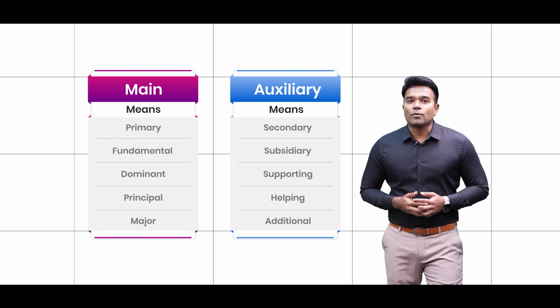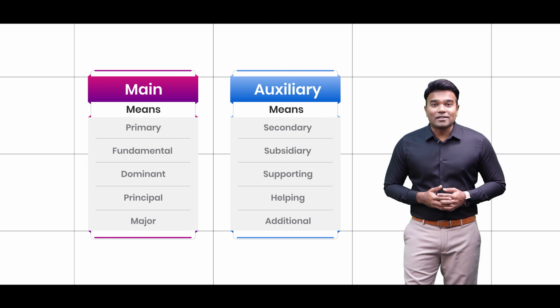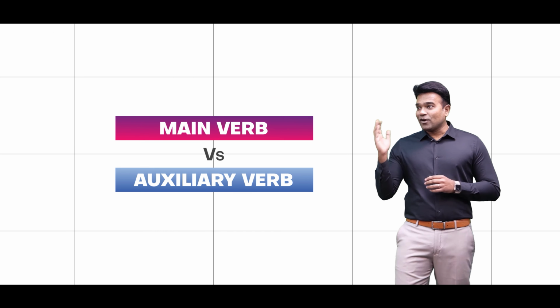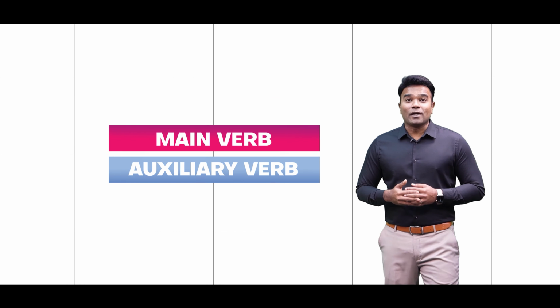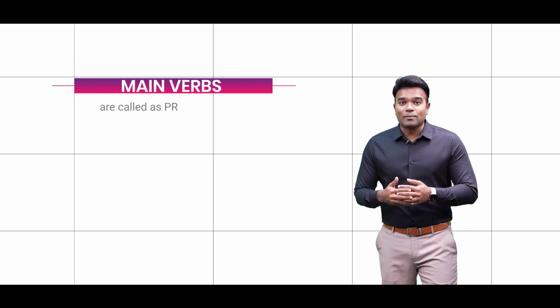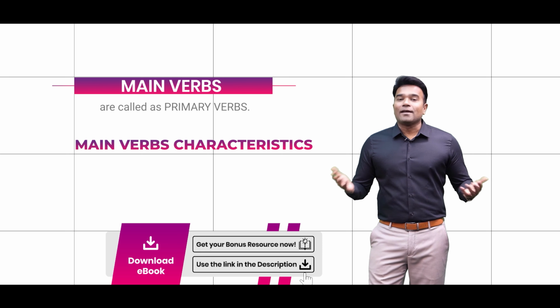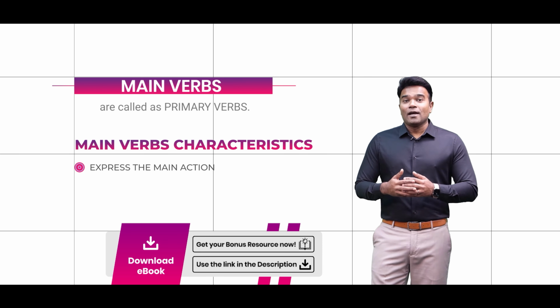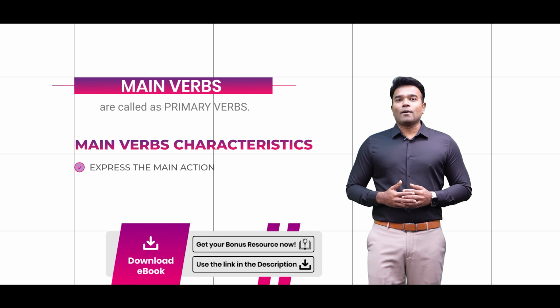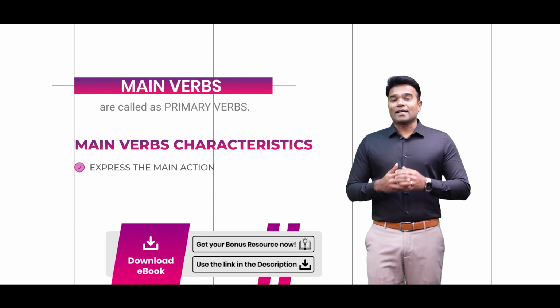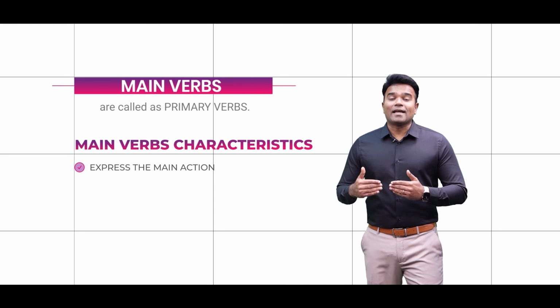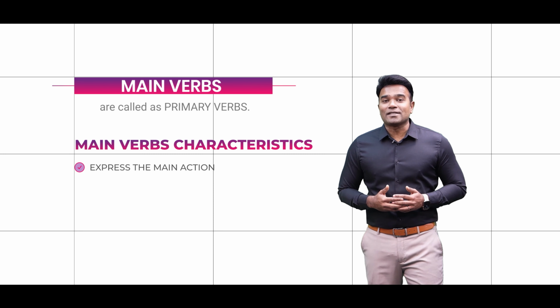But then what we really have to understand is the distinction between the main verb and the auxiliary verb. So let me proceed. Main verbs, also known as the primary verbs, happen to be such verbs in the sentence that describe the main action or the main state of being of the subject. In fact, these are verbs that carry the core meaning of the sentence.